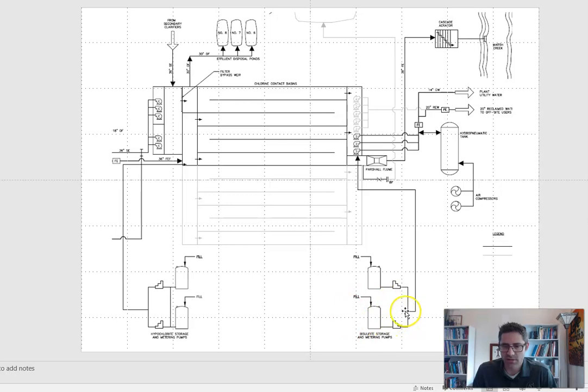So the sodium bisulfite is the dechlorinating agent and added back at the end before the wastewater gets discharged to the Cascade aerator, the little waterfall, and then down into Marsh Creek. Some is also used in this system for recycled water irrigation, and so that goes into this hydropneumatic tank that's then pumped back into a non-potable water system for irrigation.